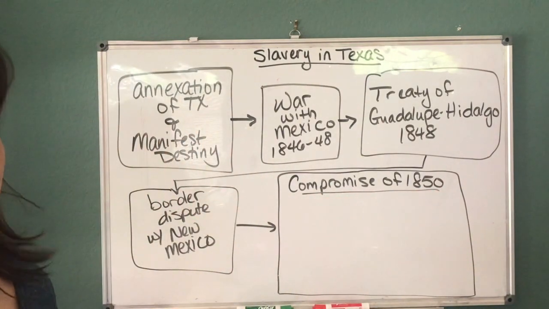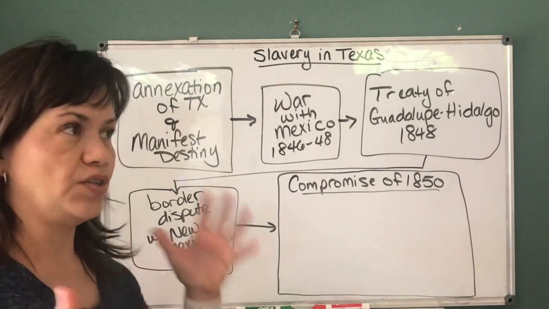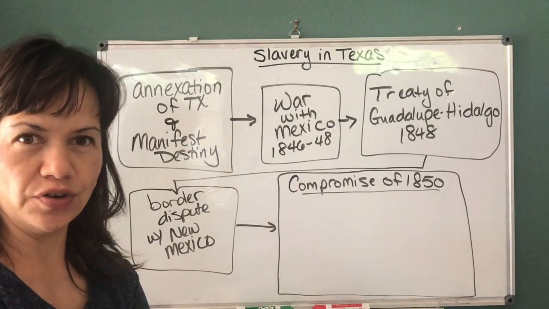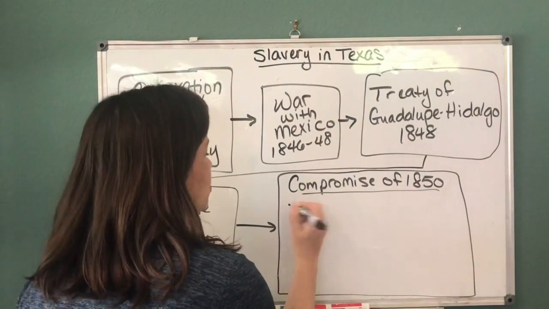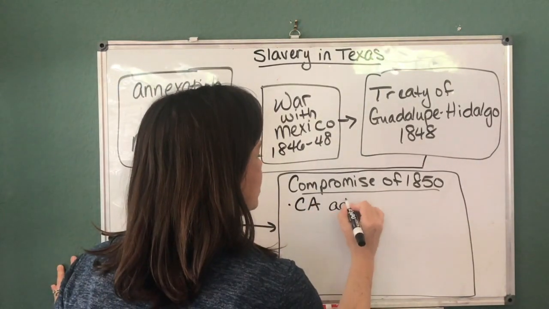And in the Compromise of 1850, California was added as a free state. So California was a big chunk of the land that Mexico had handed over to the United States.